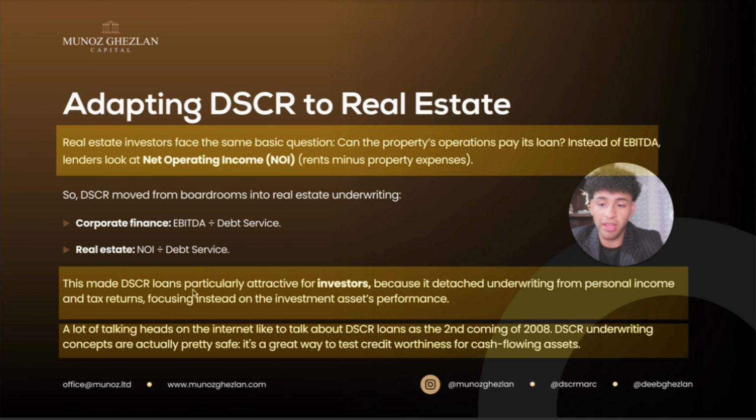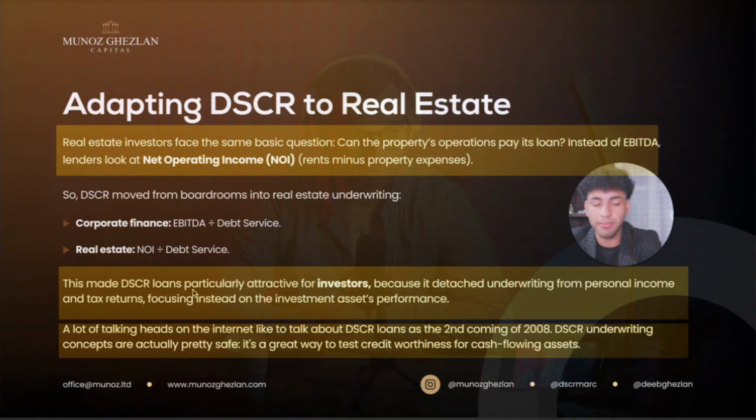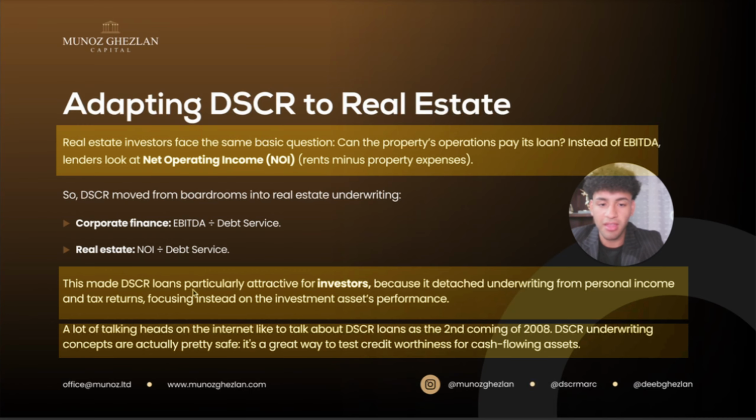A lot of talking heads on the internet like to talk about DSCR loans as this willy-nilly loan that you can get approved for regardless of anything, regardless of your credit. That's not necessarily the case. It's not a subprime loan by any means. It is just a good test for creditworthiness. It'll gauge the transaction's creditworthiness without having to look at the borrower too much. A lot of banks are still going to look at a minimum credit score requirement, and that'll depend from bank to bank. But really, there's a big focus on the property itself.